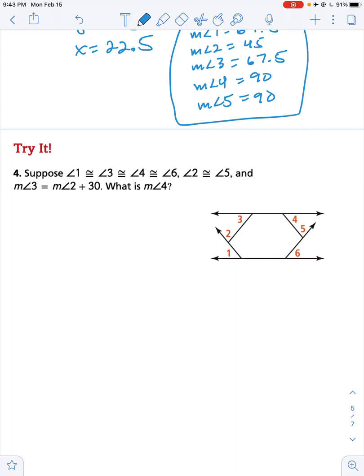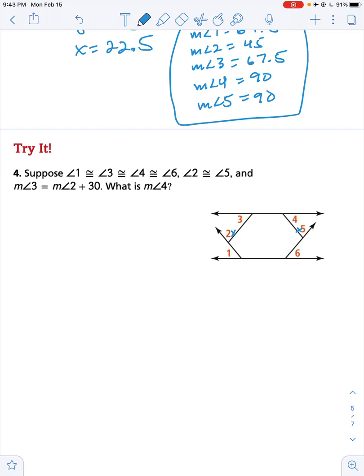Okay, so with this one, what we can say is that, let's say that the measure of angle 2 and angle 5, we're going to change that to an x. All right, so this is x, this is x.